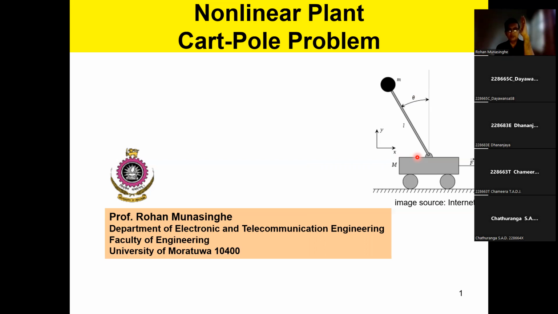We have a desired position, 1 meter, 1.5, minus 0.5, whatever it is. Once you set that value, the control system will have to drive the cart without letting the pendulum fall to that position and stabilize. So that's a substantial challenge. Let's see how we can do that.